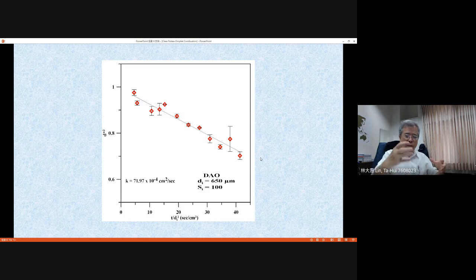Somewhere may have a flame, somewhere may not have a flame, but all the temperatures reach a very similar, high temperature distribution. Then the droplet itself still experiences the same environment with or without flame. There is no difference, which means the droplet evaporation, for the droplet itself, still follows the d square law.